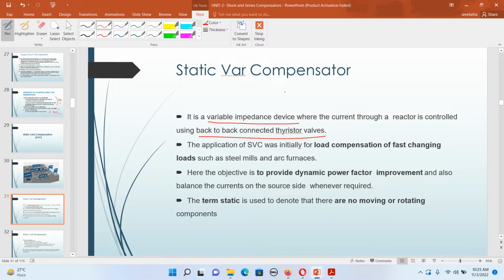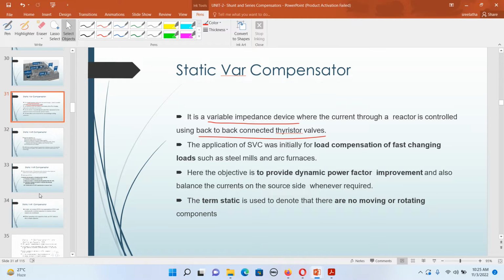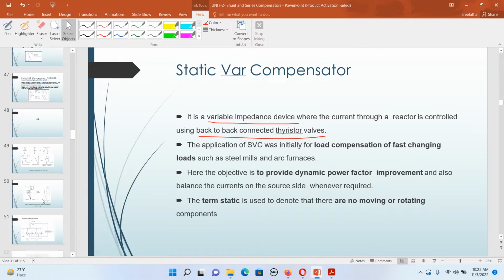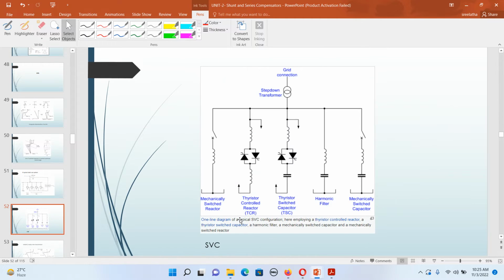One more thing: a static var compensator can be just one item like TCR, or it can be just one item like TSC. It can also be a mechanically switched capacitor or mechanically switched inductor, and also SVC can be a combination of all of these.